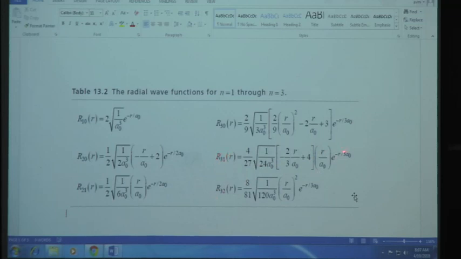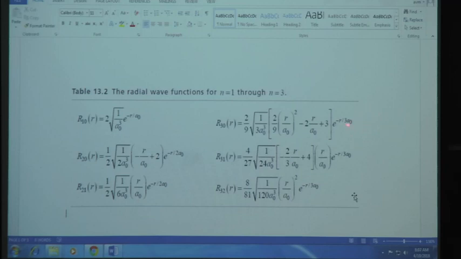Since the energy only depends upon n, the energy does not depend upon l, therefore all three of these radial wave functions correspond to the same energy. So they correspond to degenerate states.